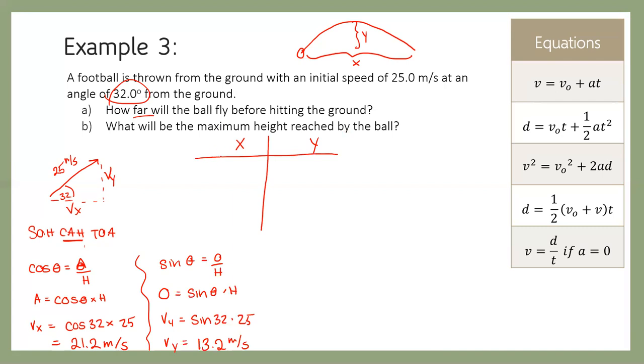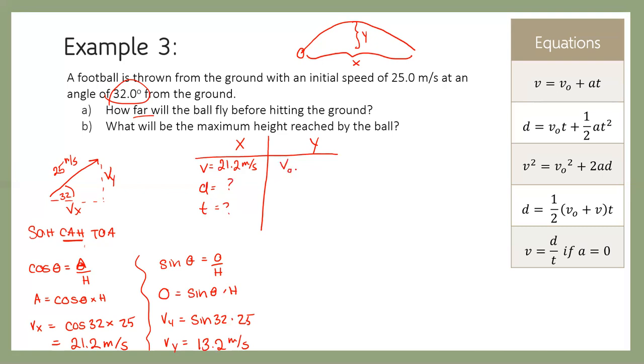In the x direction, horizontally, there's no acceleration. So we only have velocity, distance, and time. In the x direction, it was kicked at 21.2 meters per second. The distance down the field, we don't know. We also don't know how long it was in the air. In the y direction, we know the speed changes because gravity affects it.